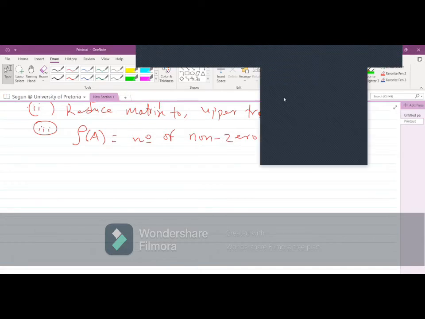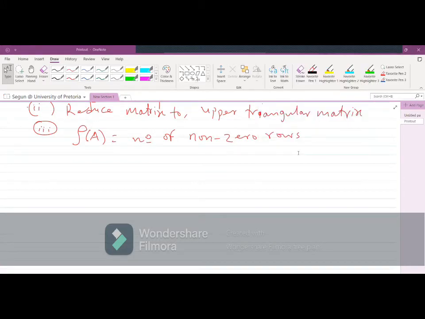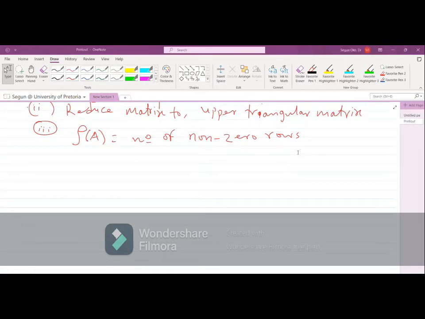Yes, thank you. It simply means the number of rows in which not all entries are 0. For example, if the first row has only 1 and the others are 0, it's still non-zero because there are elements there that are not 0.